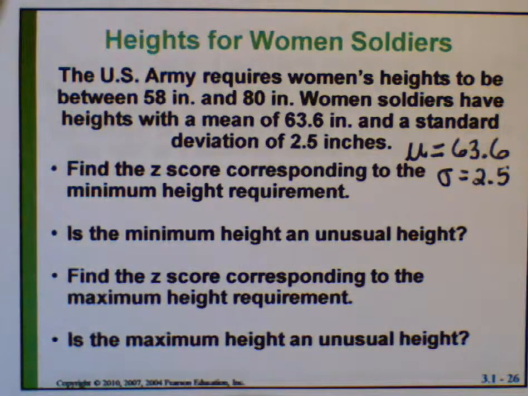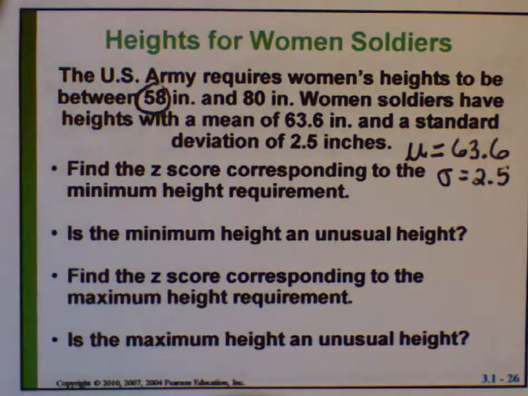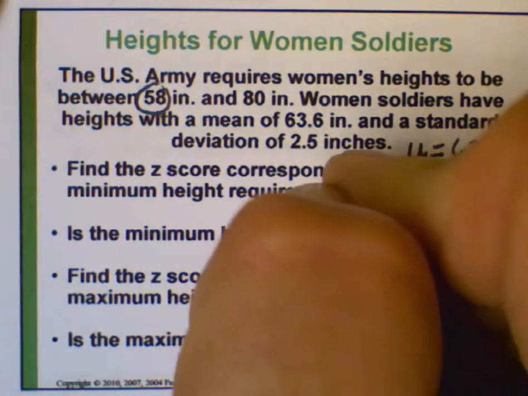Find the z-score corresponding to the minimum height requirement. Well, to be a woman soldier, you have to be at least 58 inches tall. So what's the z-score for 58 inches?